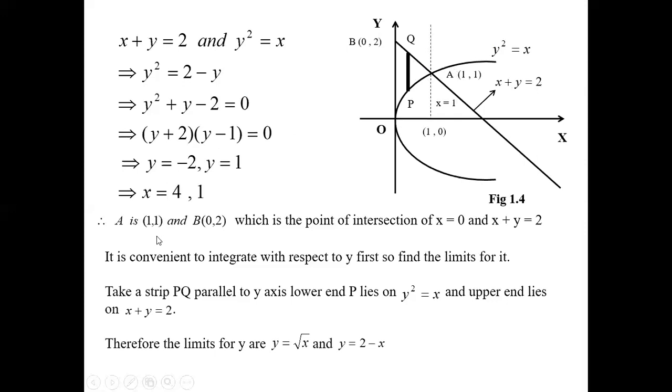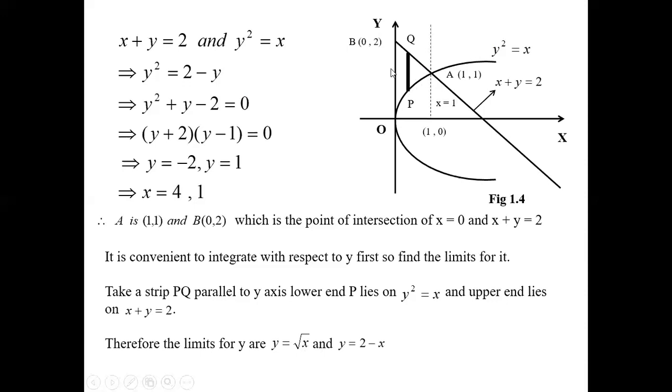So it is convenient to integrate with respect to y first. Take a strip PQ parallel to the y-axis, the lower end P lies on y square is equal to x, and the upper end lies on x plus y equal to 2. Therefore, the limits for y are y is equal to root x and y is equal to 2 minus x.